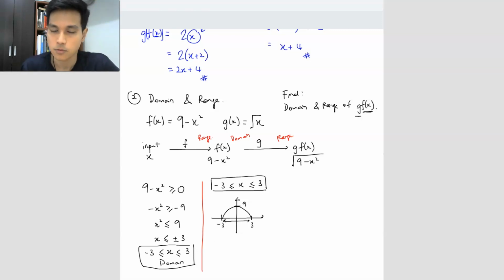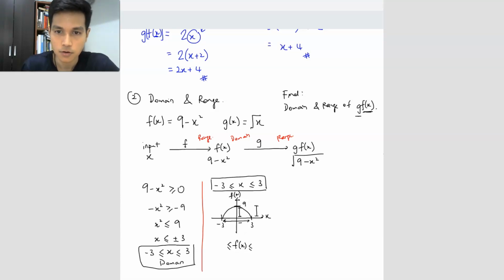So if it's only within this range, the range of f(x) is going to be what? The range is going to be between 0 all the way to 9, right? This is f(x), by the way. It's only going to be between 0 and 9 because down here doesn't exist.